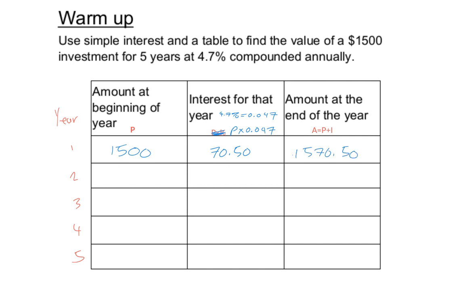Then we take those two numbers, add them together to get 1570.50. So now that you've got that, you're going to take that information and you're going to move it down to the next column, the start of the next year.